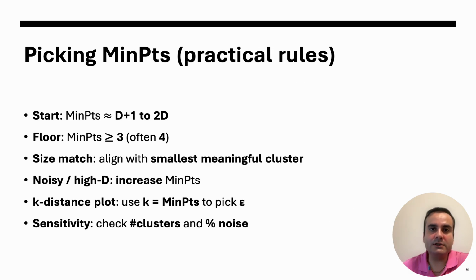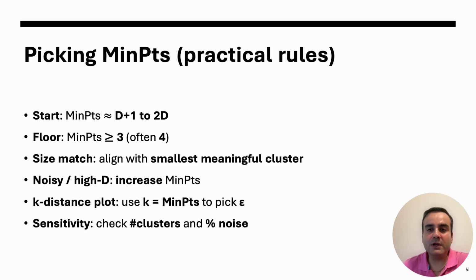Minimum number of neighbors controls how thick a region must be to qualify as a cluster. A core point has equal or greater than the minimum number of neighbors within epsilon distance. Let D be the number of features actually used after preprocessing. Start around D plus 1 to 2D, but don't go below 3 or 4 so cores are not formed by tiny pairs.